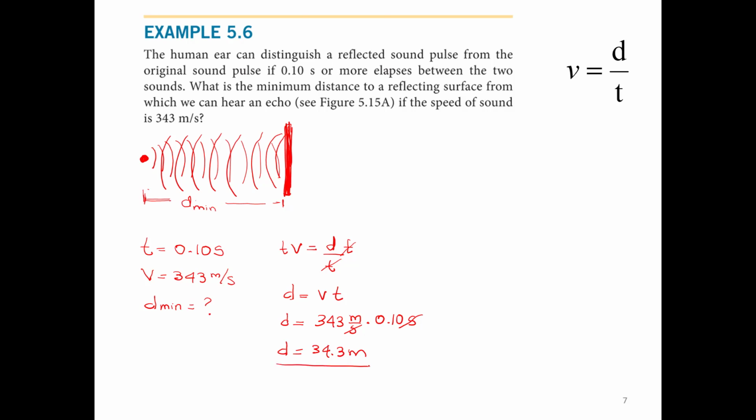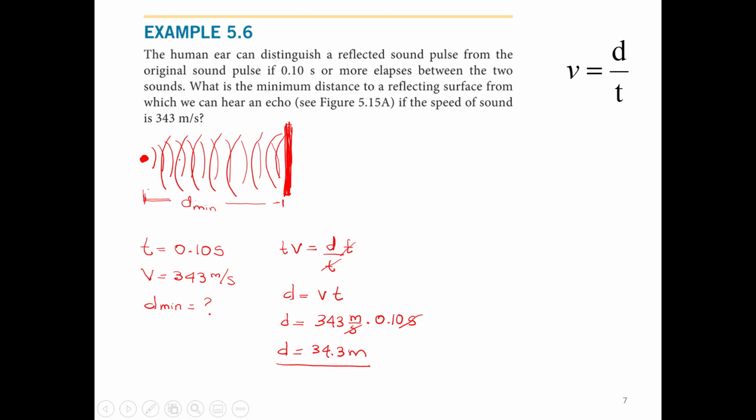Then the question is, is this the minimum distance? Is this the distance we are trying to find? Then the answer is no, because this time corresponds to the distance when the sound is traveling in this direction and then when the sound bounces off.